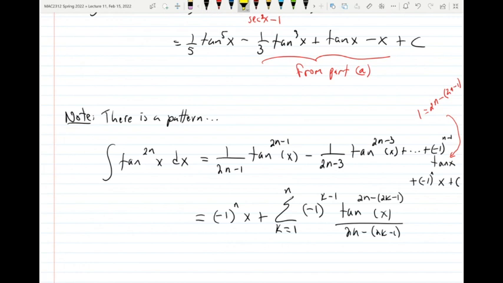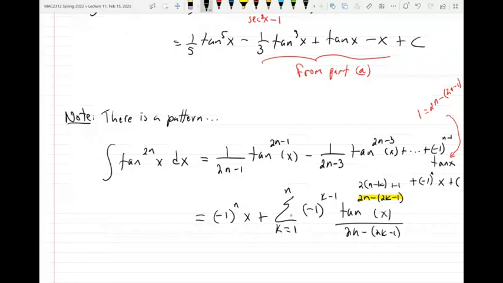So you can combine these, and then you can write it as 2 times m minus k plus 1. That's probably easier to remember. 2 times m minus k plus 1. So rewrite it as, and then of course remember plus c.